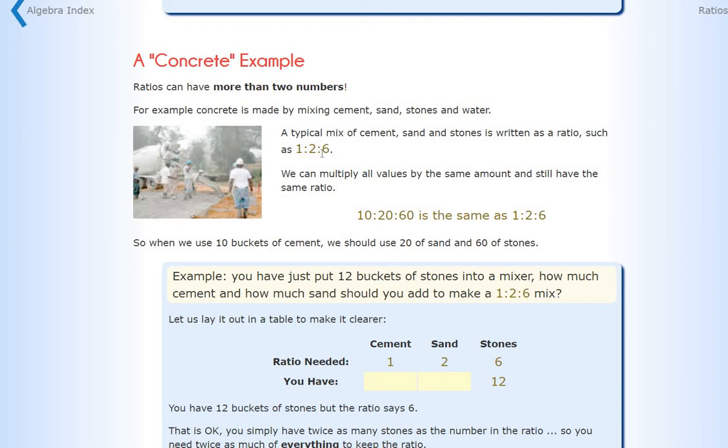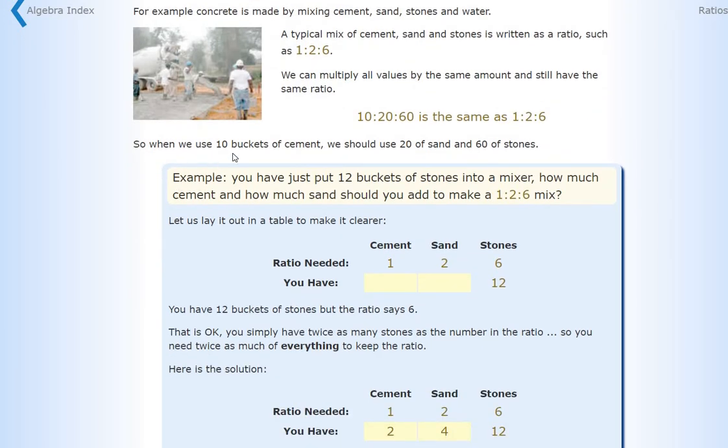Alright? If you multiply it by 10, that becomes 10:20:60. 10:20:60 is the same as 1:2:6. So when we use 10 buckets of cement, we should use 20 buckets of sand and 60, let's say, buckets of stones.